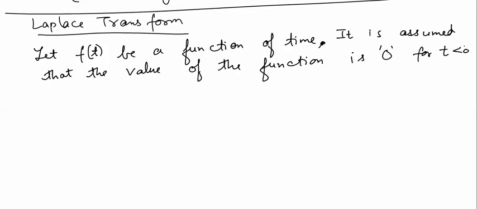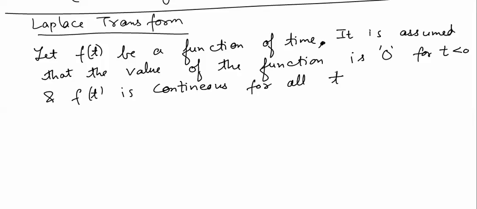That means the function does not exist for t less than 0. And we also know that f(t) is continuous for all t from 0 to infinity.